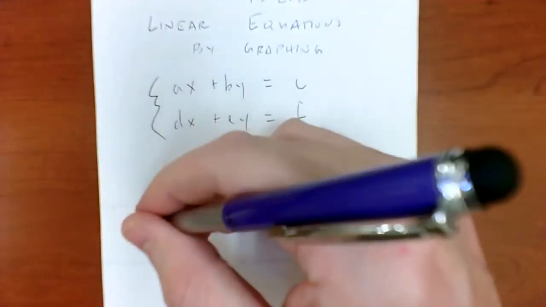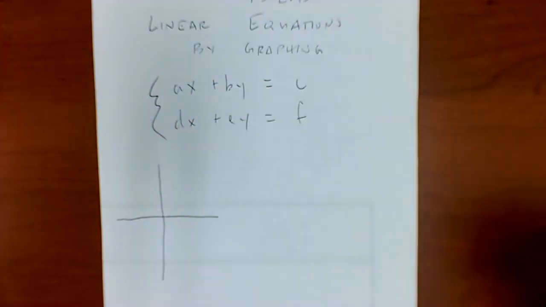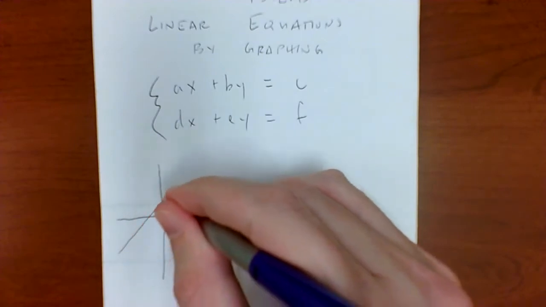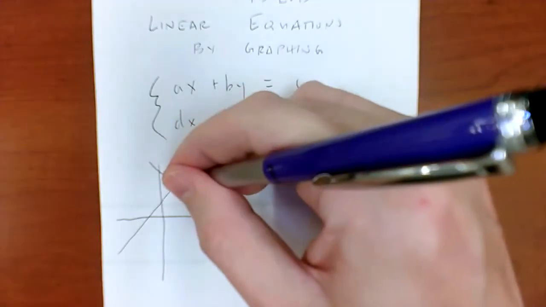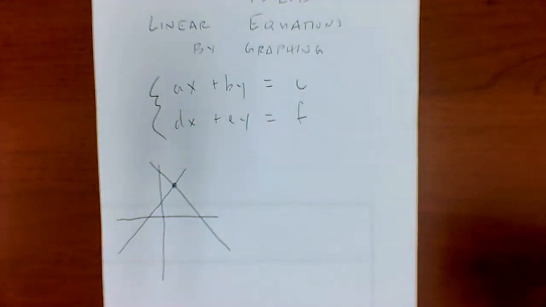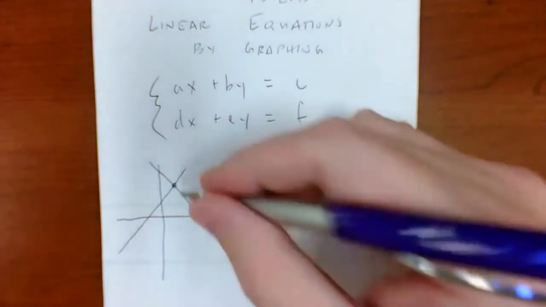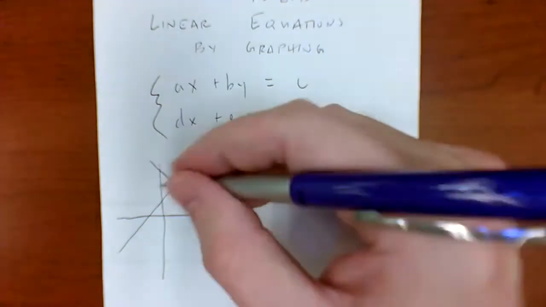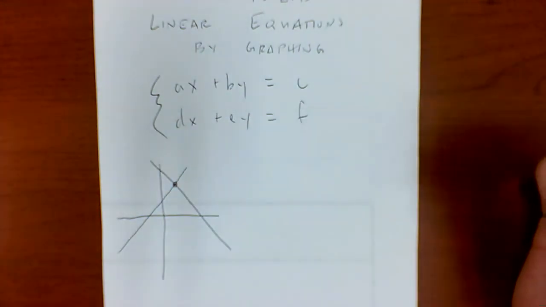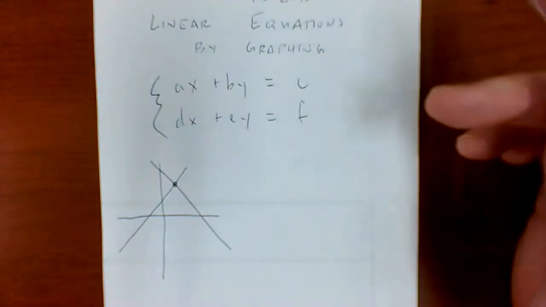The first one, that's by far the most common, is if we have our XY grid like this, one of our lines maybe goes like this, and then the other line kind of comes down here like this, and then they're going to intersect in exactly one point. This is the most common situation where we have two separate lines and they cross in one point. We're going to solve this system by finding this point of intersection. This ordered pair right here is going to be the solution to our system.